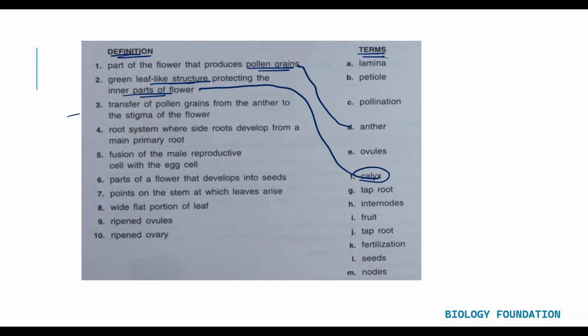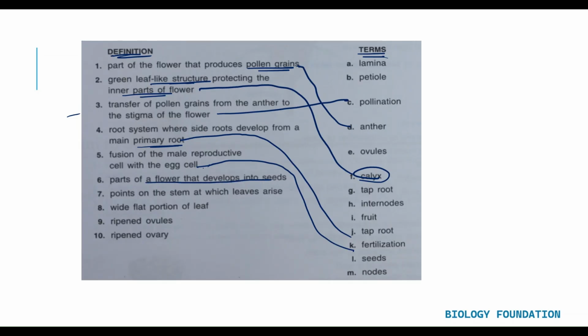Transfer of pollen grains from anther to the stigma of the flower, pollination. Root system where side roots develop from main primary root, that is taproot system. Next, fusion of male reproductive cell with the egg cell, fertilization. Parts of a flower that develop into seeds, ovules develop into seeds after fertilization, right?